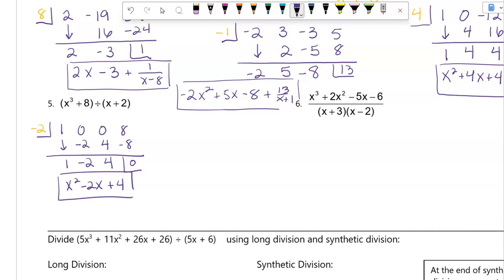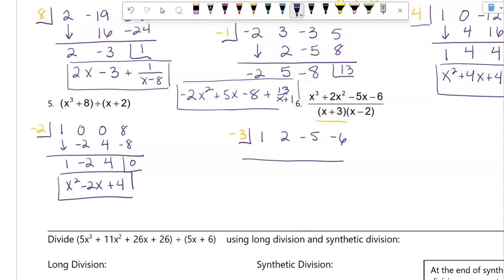All right, this last example in this section, we're going to divide not once but twice. And it really doesn't matter what order we divide in. So I'm going to go ahead and divide by the x plus 3 first, for no reason other than it's the first one listed. So my coefficients are 1, 2, negative 5, and negative 6. And the 0 for x plus 3 is negative 3.